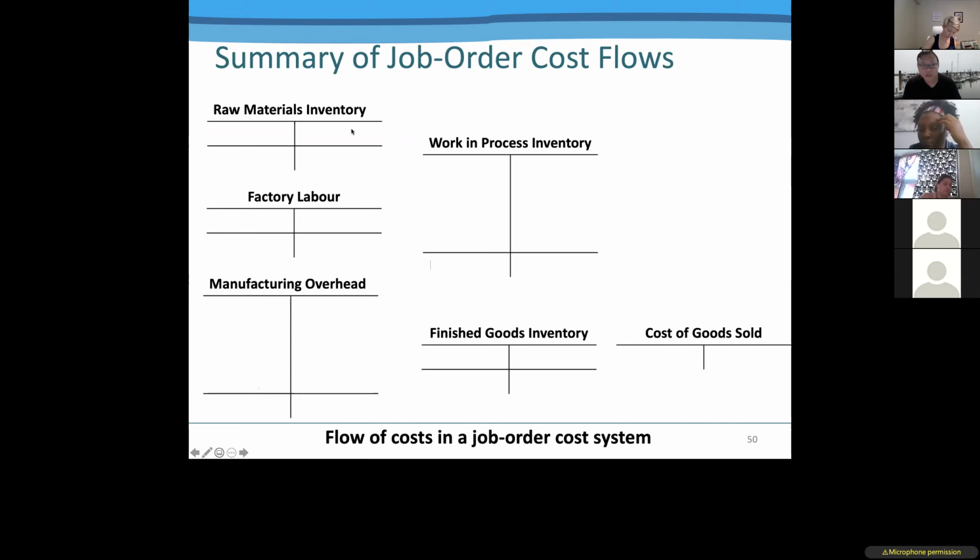So let's take a look. First, if I purchase the materials, suppose it cost me $42,000. So I debit $42,000, okay? And then suppose I incur the labor cost. So that's the 32,000. I debit factory labor. And suppose we incur the manufacturing overhead, 13,800, and then we debit this account, right?